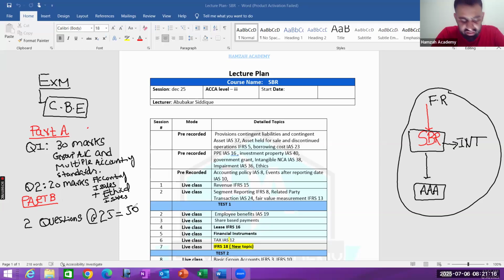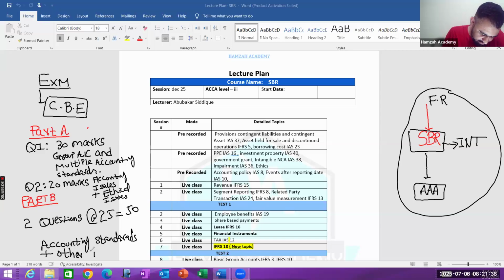And again in Part B, there will be a testing of accounting standards plus other issues, like we now have a topic of sustainability reporting. We have a topic of alternative performance measurement.